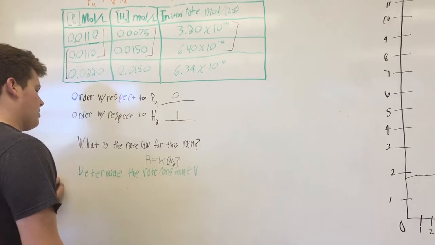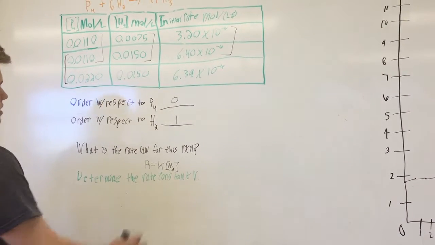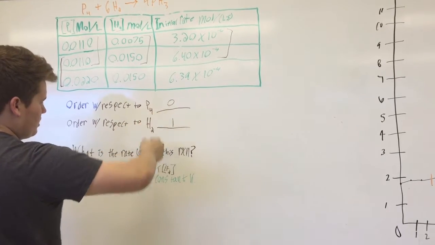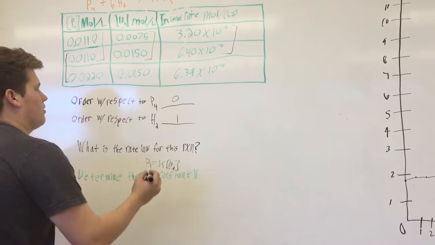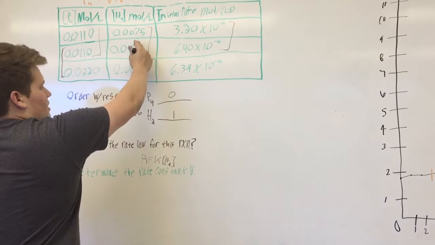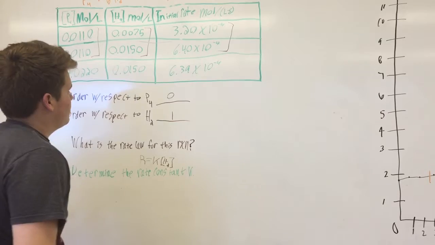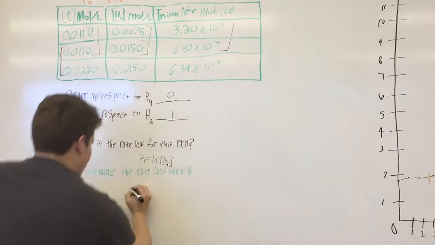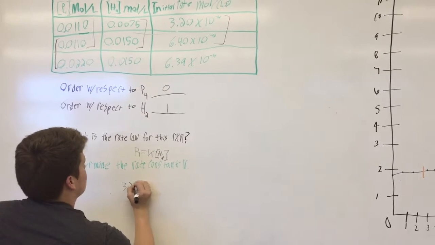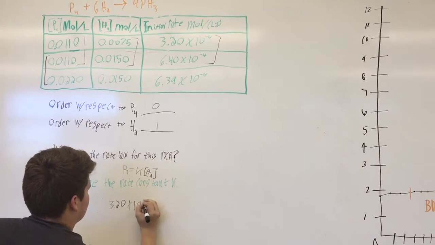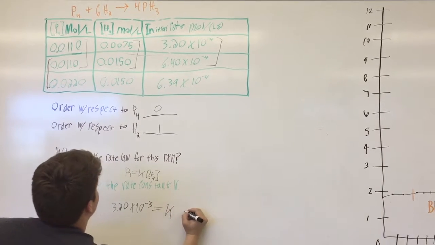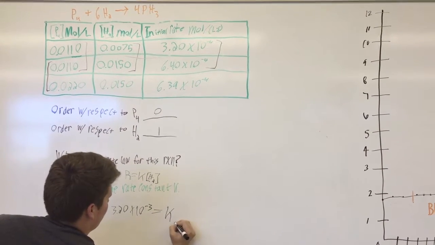And so determining the constant, you're going to take the rates and plug into this. You take the concentration of H2, and it doesn't matter which one, you can just do whichever, so I'll do these two right here. So you get 3.20 times 10 to the negative third equals K times 0.0075.